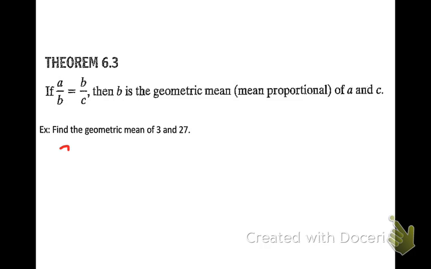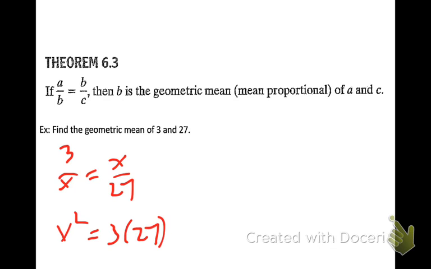Alright, so we're going to say 3 over x equals x over 27. So that gives me x squared equals 3 times 27. So x squared equals 81. X equals 9.